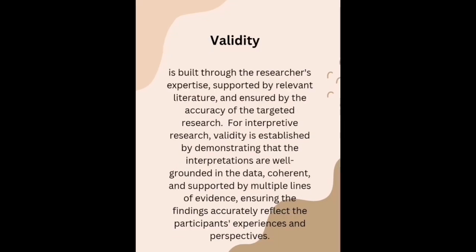And the last but not the least, validity. Validity is for interpretive research. Validity is established by demonstrating that the interpretations are well grounded in the data, coherent, and supported by multiple lines of evidence, ensuring the findings are accurate and reflect the participants' experience and perspectives.